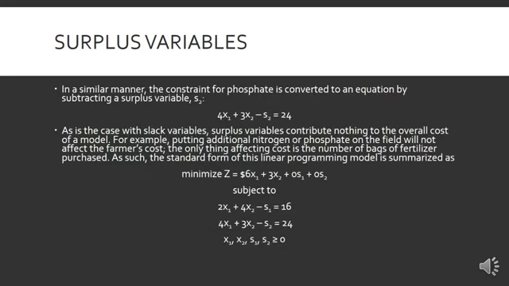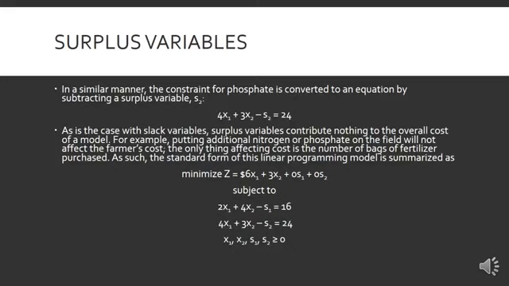So, ganun din, pagdating dun sa phosphate, in a similar manner, the constraint for phosphate is converted to an equation by subtracting a surplus variable S2. Okay? 4x sub 1 plus 3x sub 2 minus S sub 2 is equal to 24.